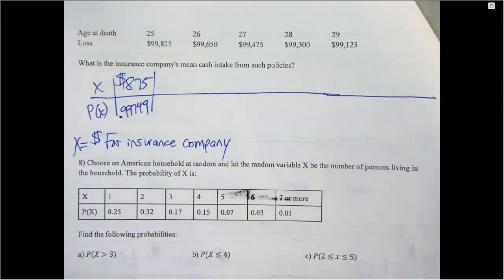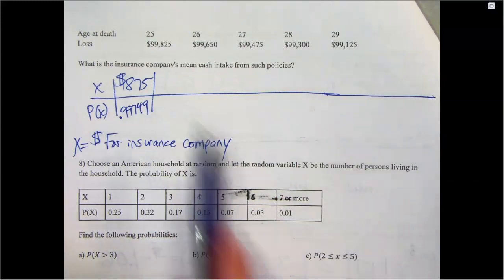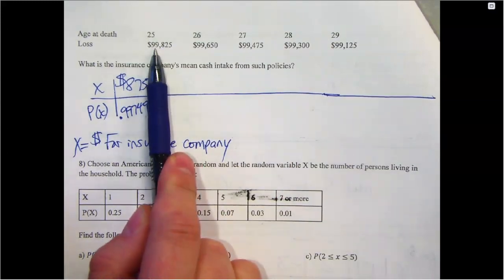But you might die at some point in the next 5 years. And it's different each year. So if you died at age 25, what would happen financially to the insurance company? They would lose this amount, right? They have to pay it out to the family.